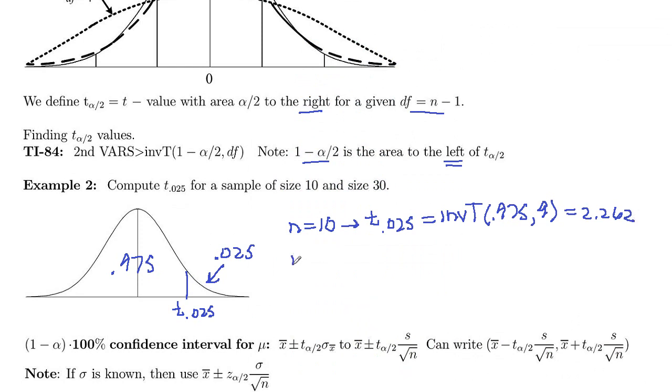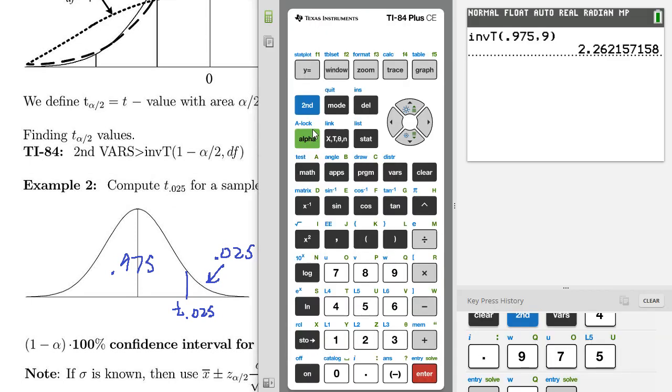And then for n equals 30, we do the same thing, except degrees of freedom are 29. So this will be inverse t, 0.975, 29. Compute that real quick.